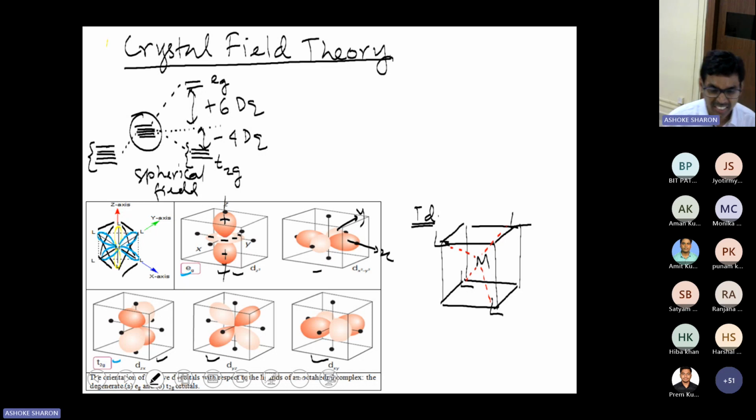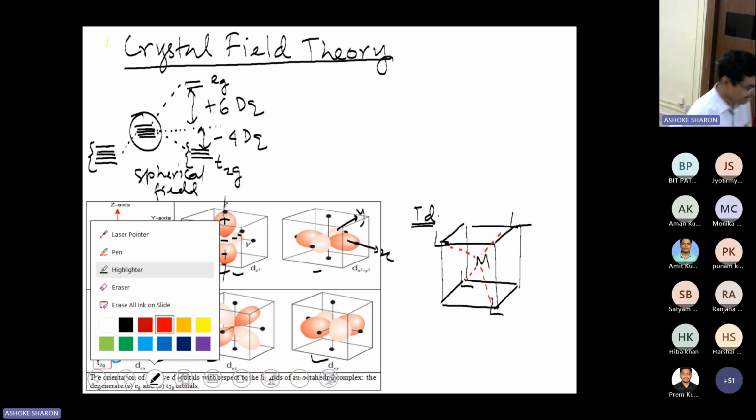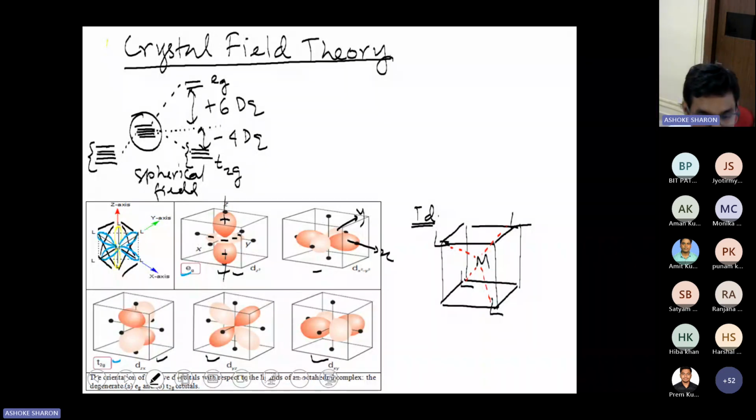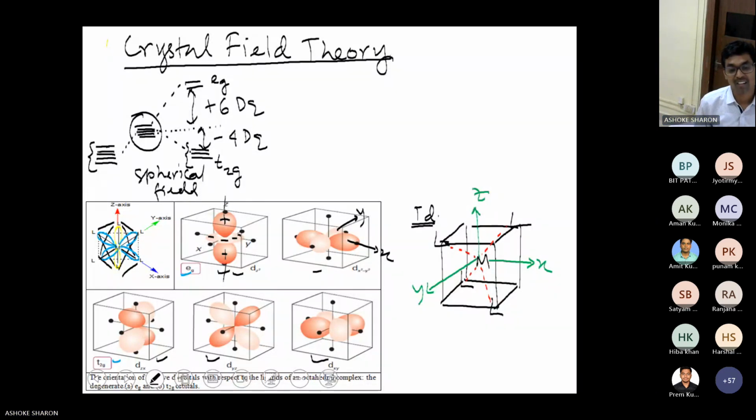So in this tetrahedral, if I want to understand the exact orientation of the orbitals, then we will find that the metal is at the center. So this is the Z axis, and say this is the X axis, and say this is the Y axis. Now you see no ligands are oriented along the X, Y, or Z axis.